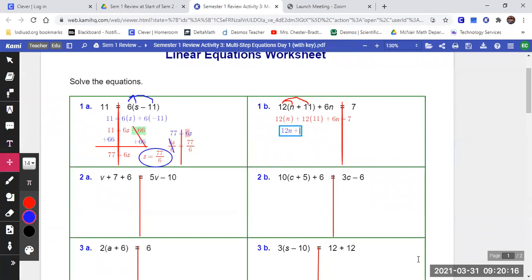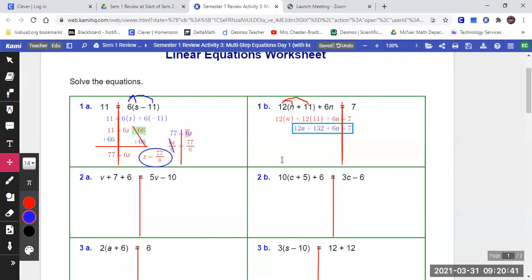What's 12 times 11? Okay, 132. And then we have the positive 6n that was already there. And it still equals 7. That was already there. All we did was clean up. After we showed our distribution, we did the cleanup.